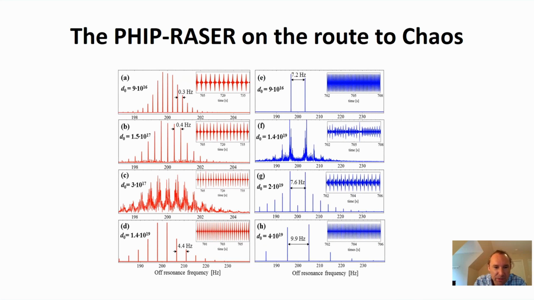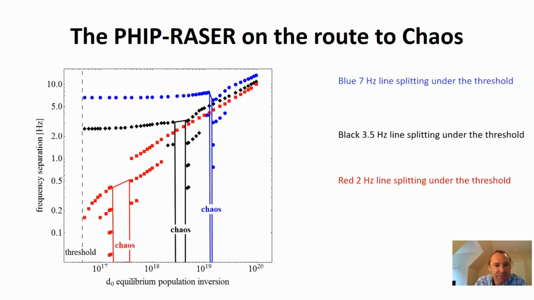Then when your polarization drops even more, you can get back into some regime where you get frequency combs, and they change, and the distance between the lines changes because of frequency pulling effects in these RASERs.